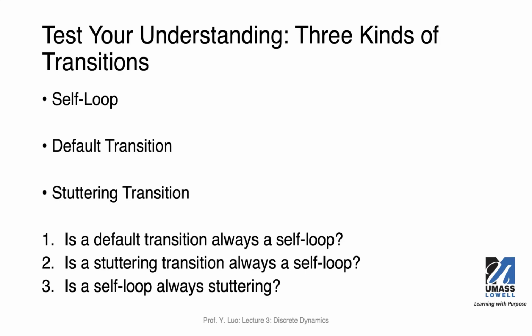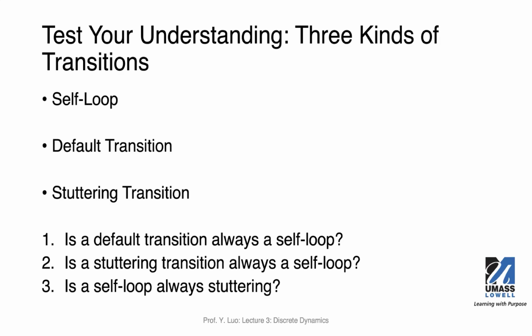The second question, is a stuttering transition always a self loop? Anyone want to try it? I'll say yes. That's right. By its definition, a stuttering transition does not change state, so it must be a self loop.